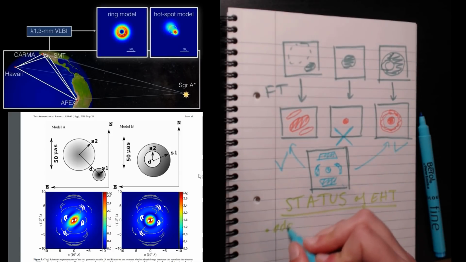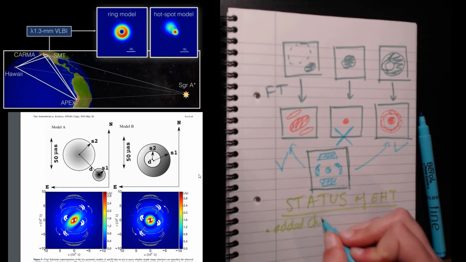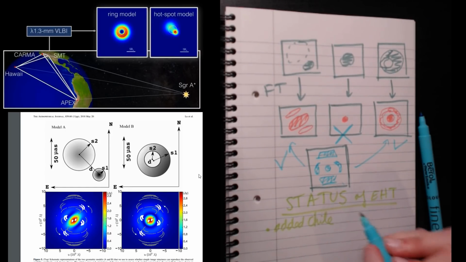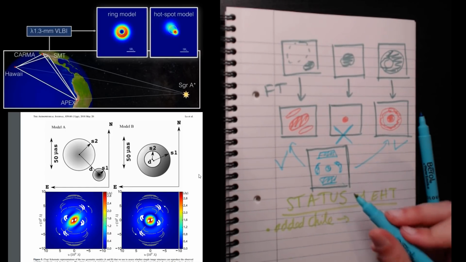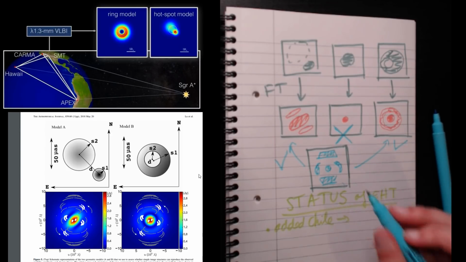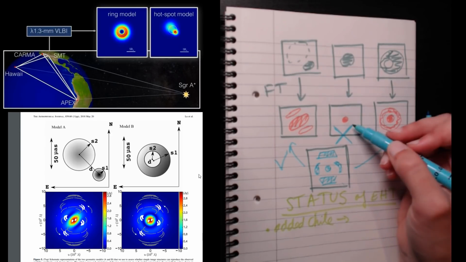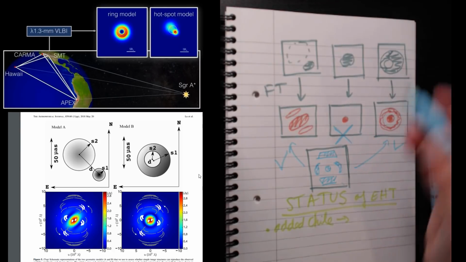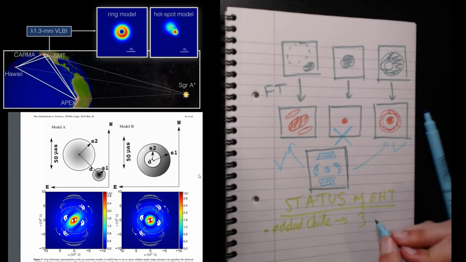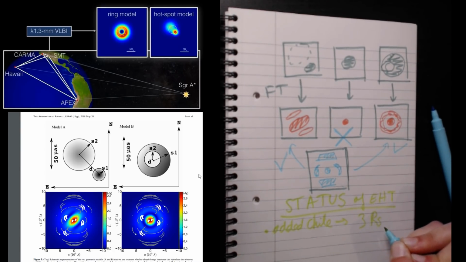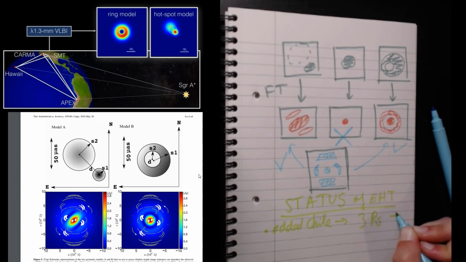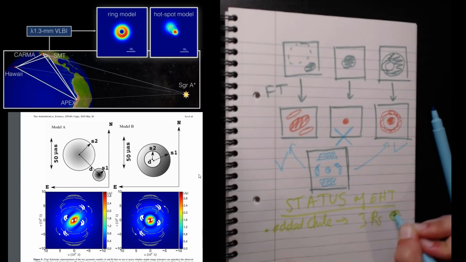So if we have the summary of the status of the Event Horizon Telescope, they have finally added the baseline in Chile. Now, with the addition of this 3rd point in Chile, once this is complete, the resolution they can have by going back into real space will be about 3 times the Schwarzschild radius of the black hole. And the Schwarzschild radius is the area from which light cannot escape.